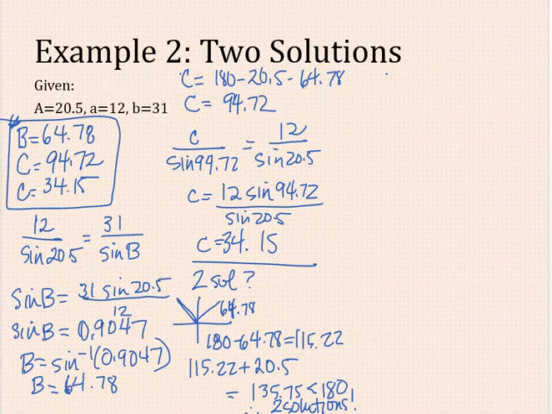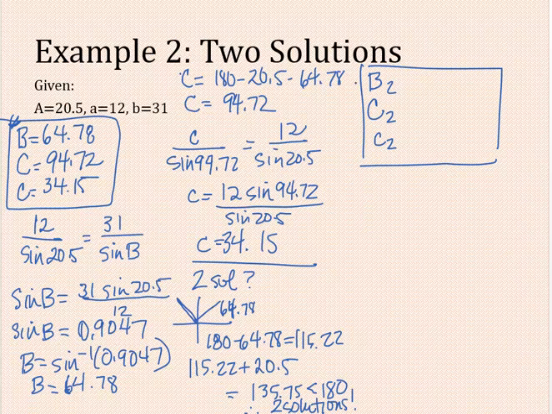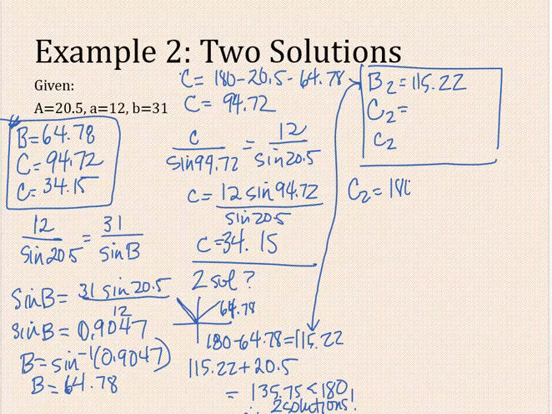Now that means I have to find a big B2, a big C2, and a little c2 to be complete. The good news is I've already found big B2. Big B2 was that supplement I found. So to find big C2, I'm going to take 180, subtract my big B2, and subtract the given angle, 20.5. So big C2 equals 44.28.